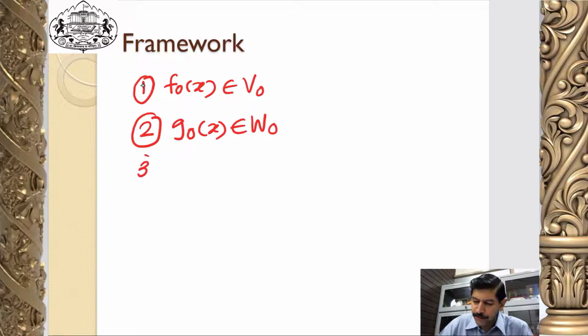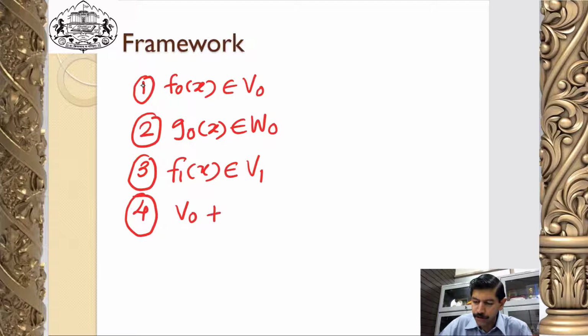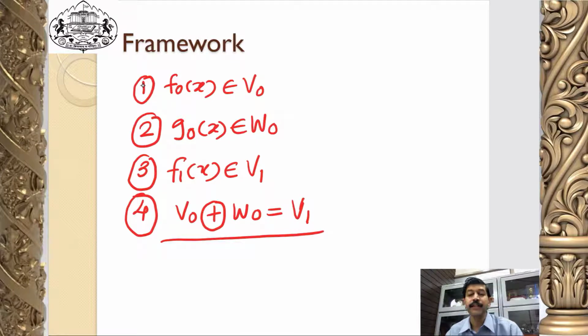The third objective will be to calculate f1 of x, which belongs to v1. And the fourth objective will be to show that when we add v0 orthogonally to w0, it results in v1. So this orthogonal summation is also something that we intend to bring out.